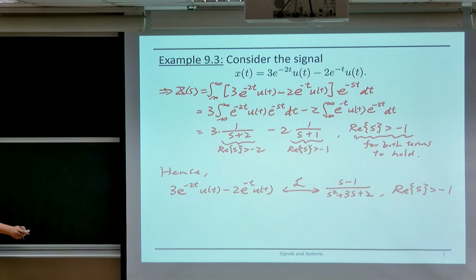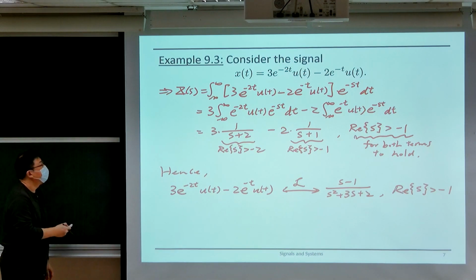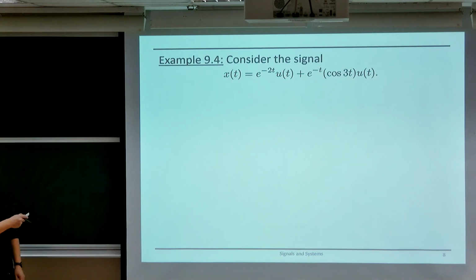Okay. All right, so one more example. So this example is also very similar. Here we have x of t equal to e to the minus 2t u of t plus e to the minus t cosine 3t u of t. So the key here is to first use Euler's relation to expand this cosine 3t into two complex exponentials.